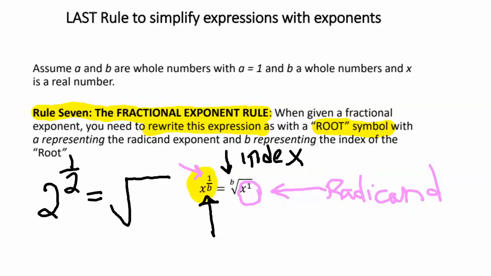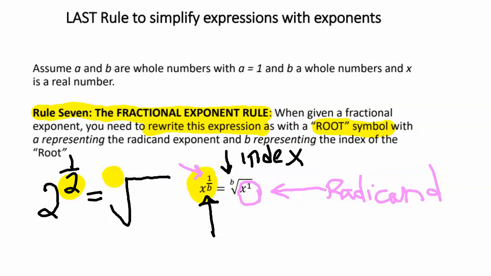Now, again, this 2 is supposed to be a number up here. Well, because the denominator is 2, that little yellow circle in front of the radical, I don't write, because a radical is dealing with 2.